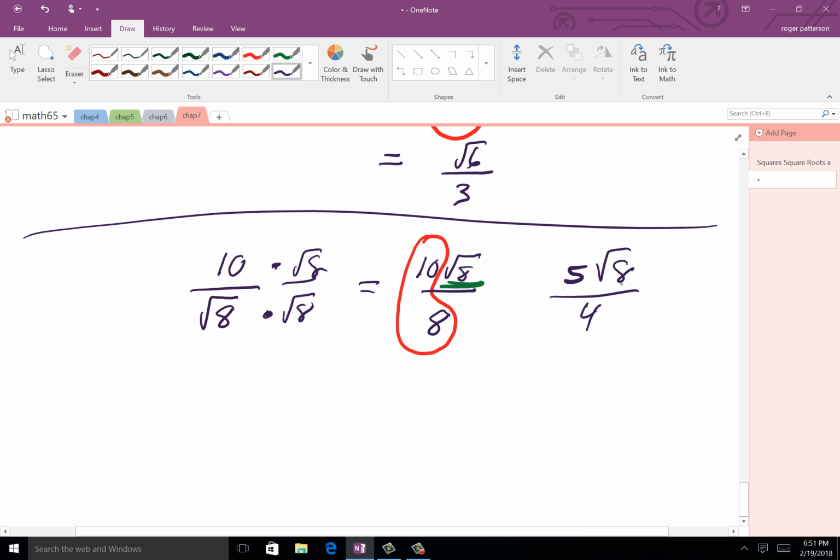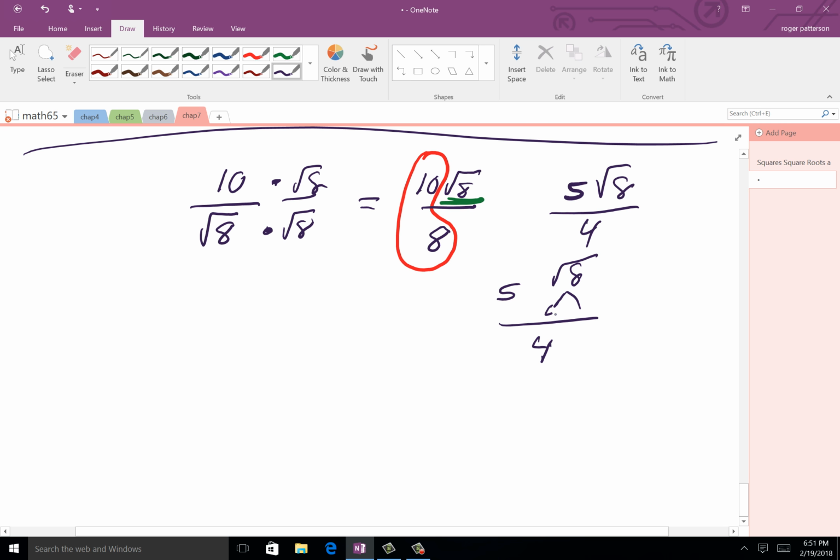Okay, now I think I'll break this down. So that 8's going to break down to, yeah, 2 and a 4, right? And then the 4 is going to come out. Okay, so 4 and 2, 4 is going to come out. What's going to happen right here? So this breaks down to 4 and 2. Square root of 4 is 2, so that's going to become 10.